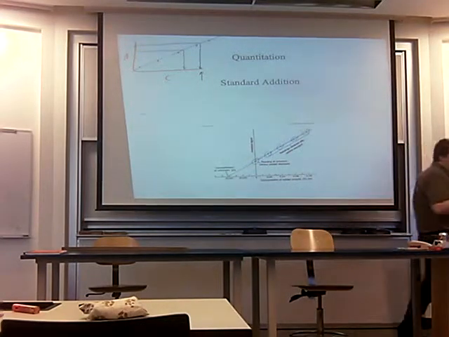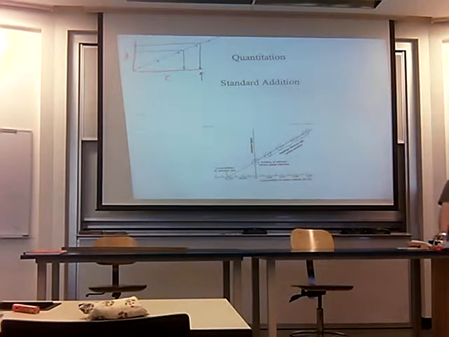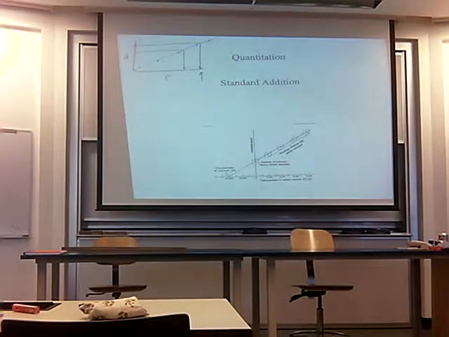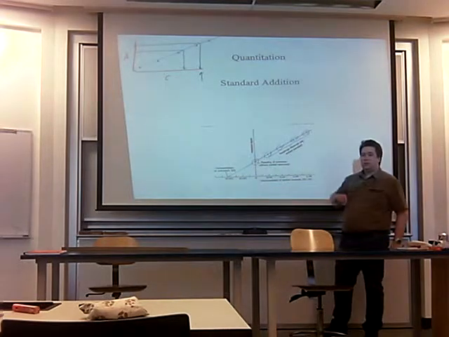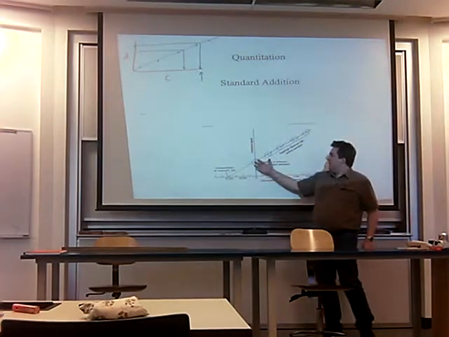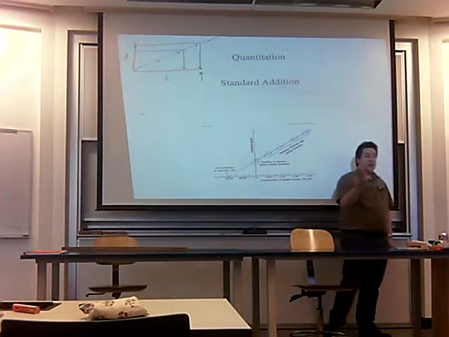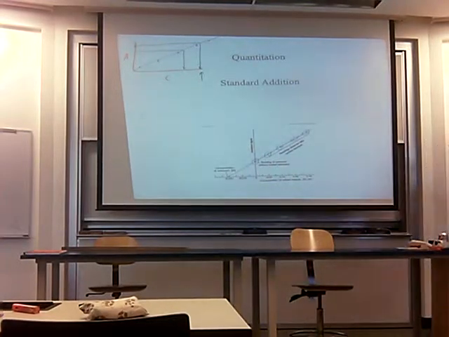So what that means is it's important to always add the same amount of unknown to each of those 5 data points. It also means that ultimately at the end, you want to have diluted each of the unknown samples by the same amount. So each of these needs to start with the same amount of unknown, the same amount of matrix, and at the end, we want the concentration of that matrix in all 5 to be the same. In other words, you have to dilute them all to the same level.